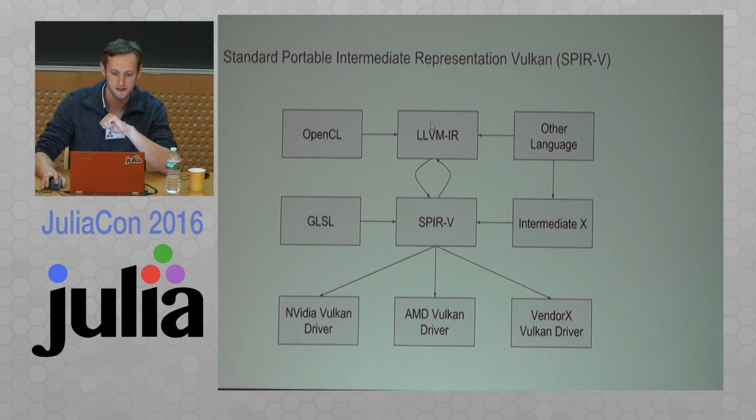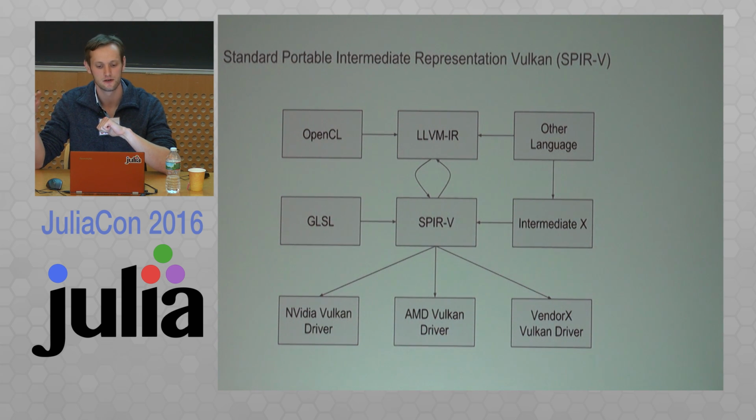And as you can see, SPIR-V is relatively similar to the LLVM intermediate representation, so that you can convert LLVM IR to SPIR-V and the other way around. So this way you can actually convert SPIR-V to LLVM IR, do optimizations there, and convert it back.